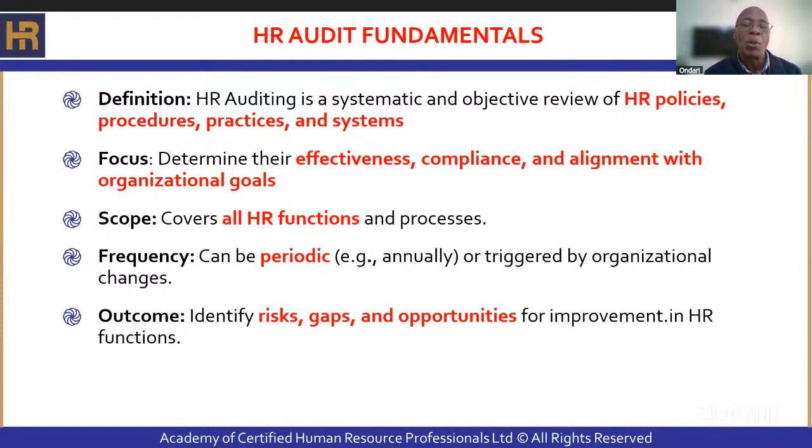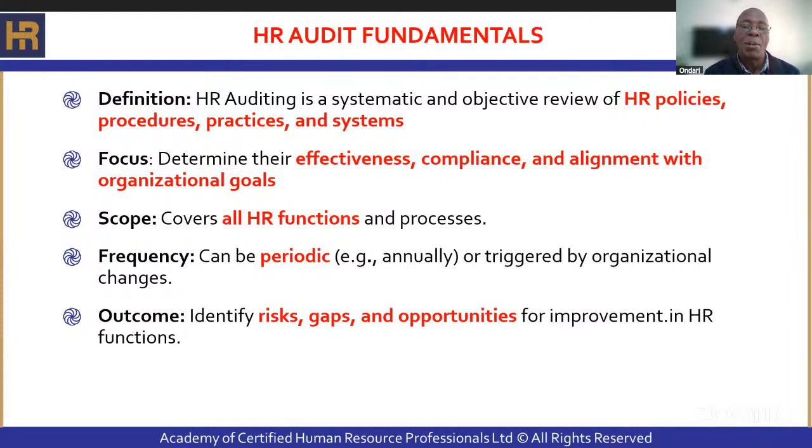For instance, we want to train people. Is this training aligned with the corporate objectives and strategy? If there's no alignment, then we end up with what they call a strategic drift. Thirdly, on compliance, we are talking about labor laws and regulations.